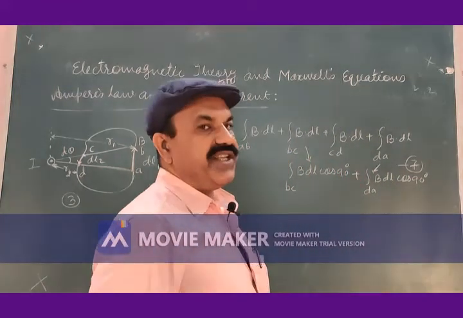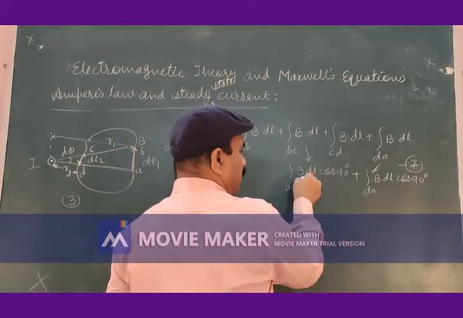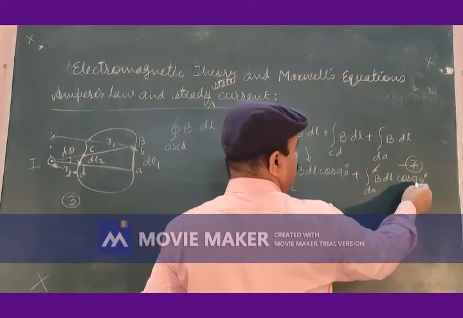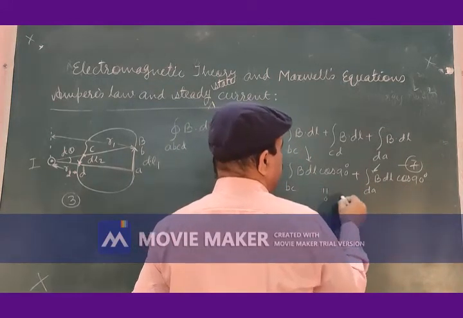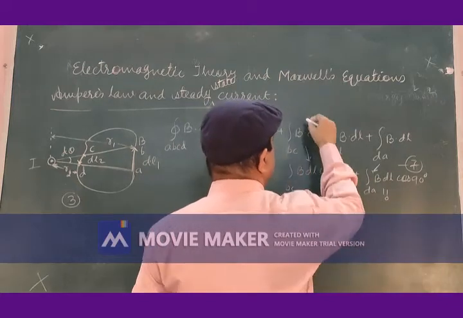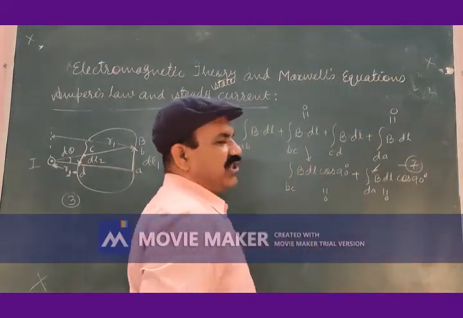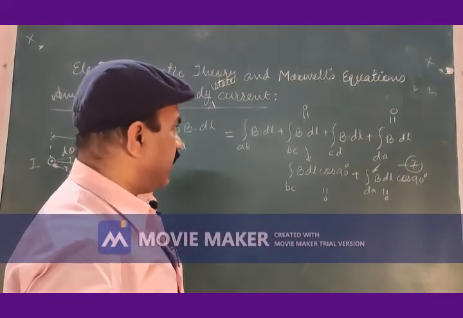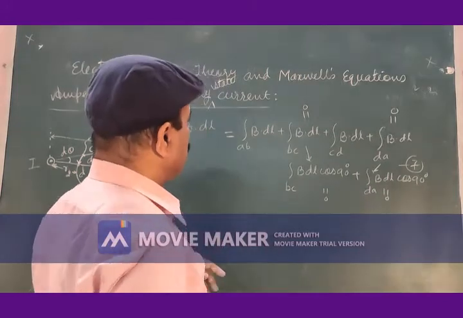But cos 90 is 0, so this will make the whole integrand 0. It means that the second term is 0 and the fourth term is 0. Okay, now only two terms are left. Let us write the remaining two terms.